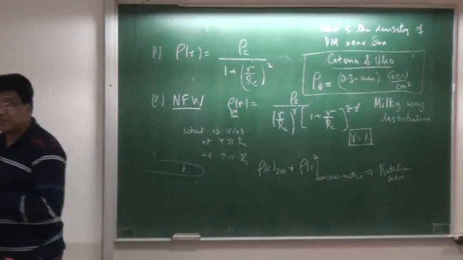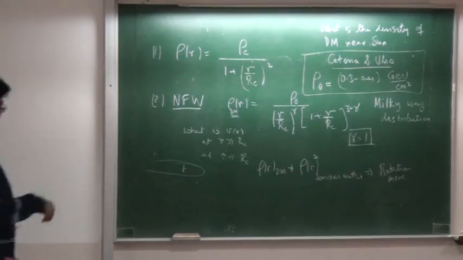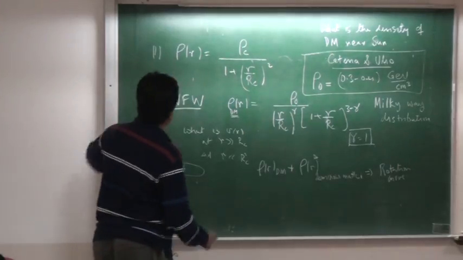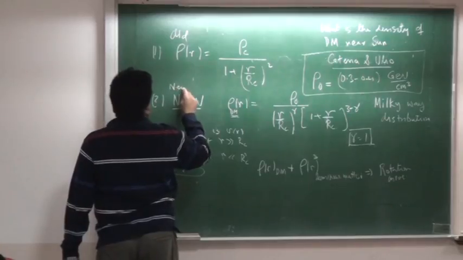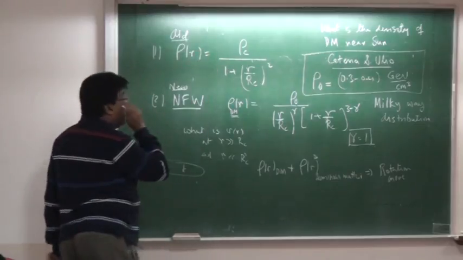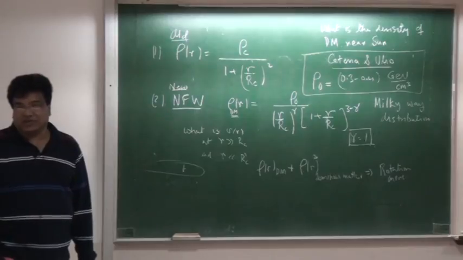Why are you not taking the first distribution then? That was a very old fit. It has been progressively getting better. So this is the old one. In this fit, they only tried to fit the dark matter to the rotation curve.